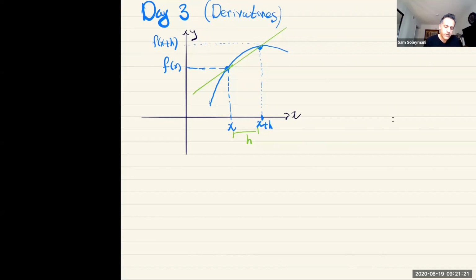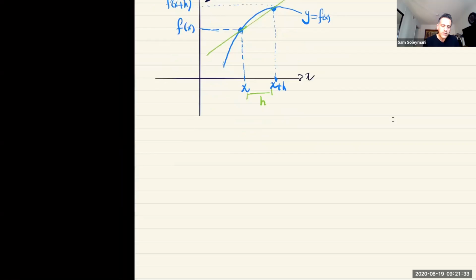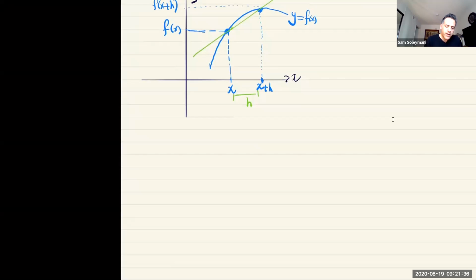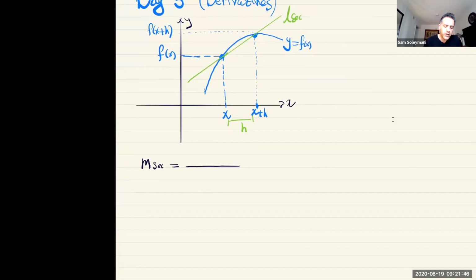So that is called L, L stands for line, SEC, L secant line. And if you want to find the slope of the secant line, you of course look at the difference between the y values. So f of x is like y1, and f of x plus h is like your y2.